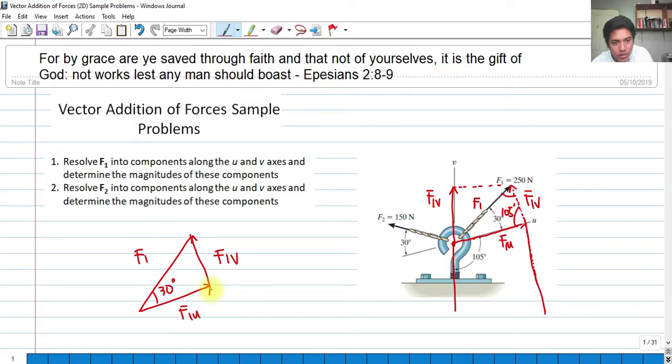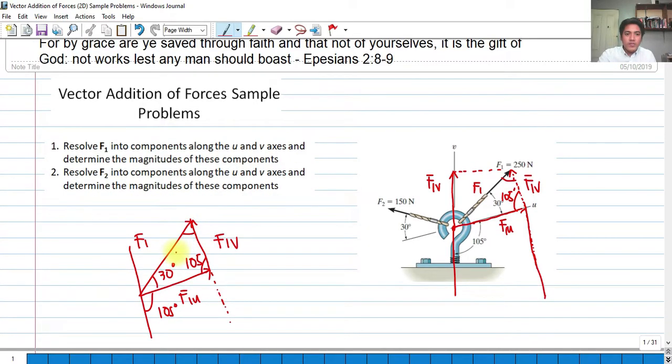We extend this F1v because technically speaking, we have an angle here of 105. And technically, the angle here should be 105 also, by trigonometry. If this is 105 and this is 30 degrees, we know that the sum of the angles of a triangle is 180. 105 plus 30 is 135.